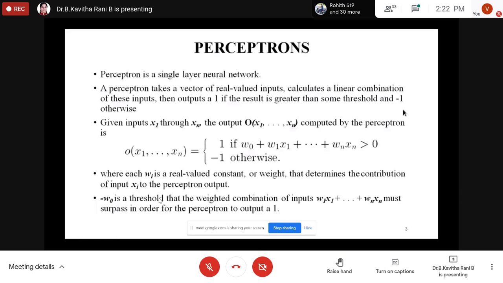So here the perceptron takes the vector of real values input and calculates the linear combination of different inputs. So what is happening? It creates different linear equations. Okay, so this is linear equation, what you are seeing here.